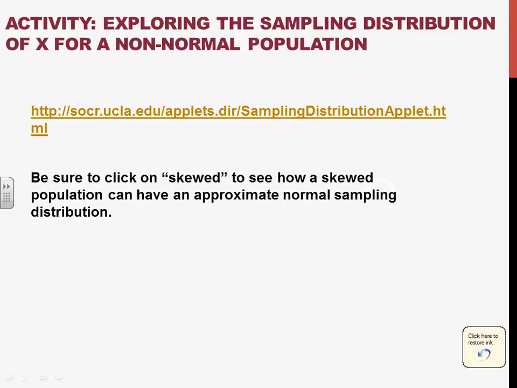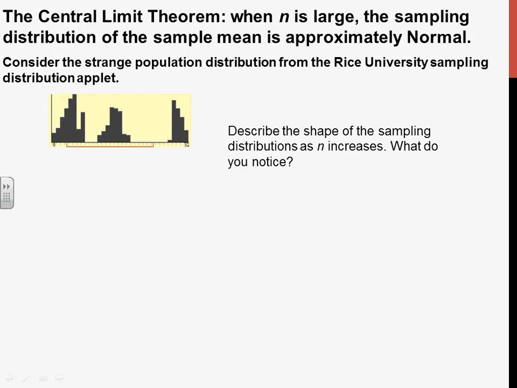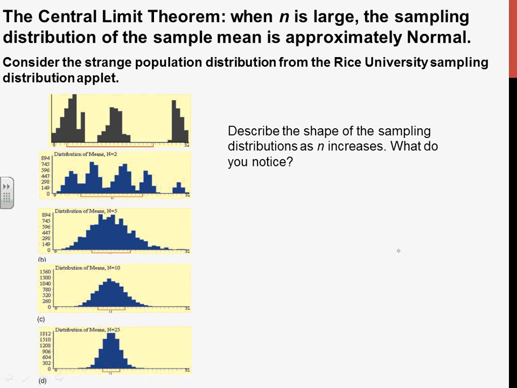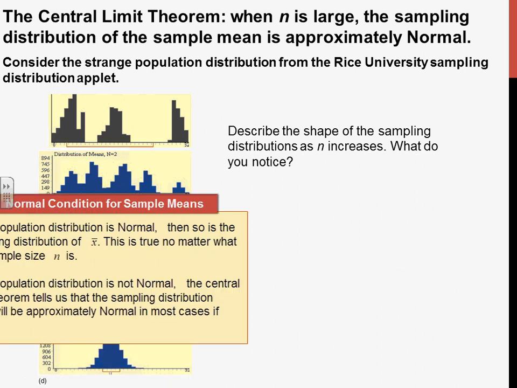And again, if you want to go check that applet out. Okay, so describe the shape of the sampling distributions as n increases. What do you notice? It becomes more and more normal. So that's your central limit theorem.